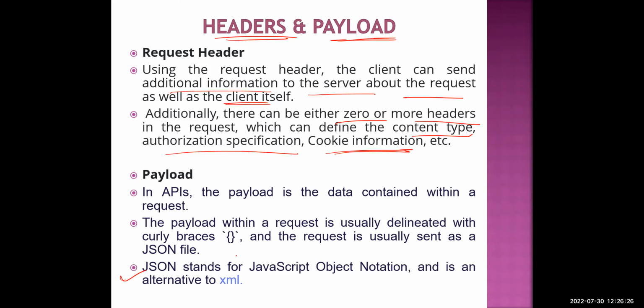JavaScript Object Notation, it is a universal protocol. It is lightweight. In fact, it is platform independent, and that is the reason between two different client and server, we are able to easily communicate with JSON, and that is the reason it is very, very popular. It is an alternative to the XML also, right? It can be any file, XML file, data file, or JSON file, we are able to pass in the form of payload.